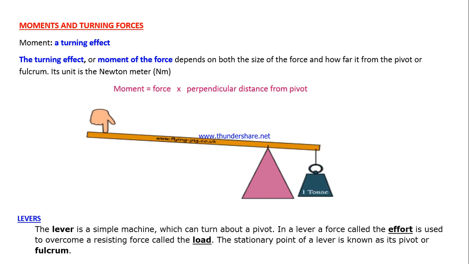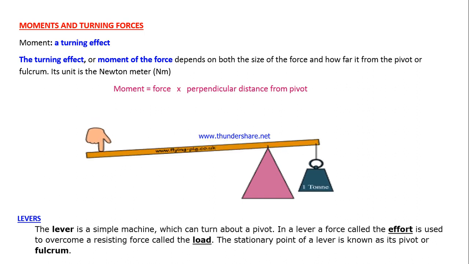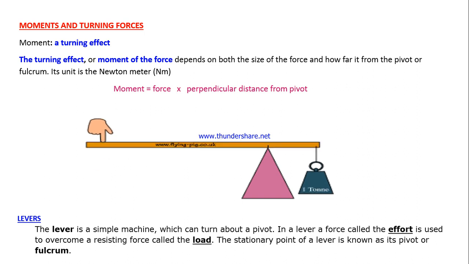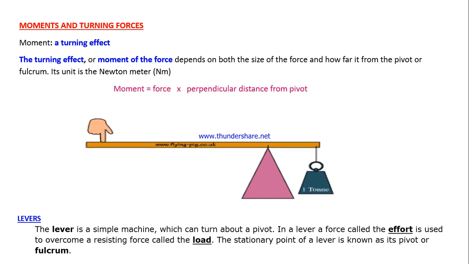We multiply those two and we get what we call the moment or the turning effect. Now, of course, depending on where the force is acting, you can get a clockwise or anti-clockwise moment. And so in this case, you're going to have a moment on either side, a turning effect on either side.